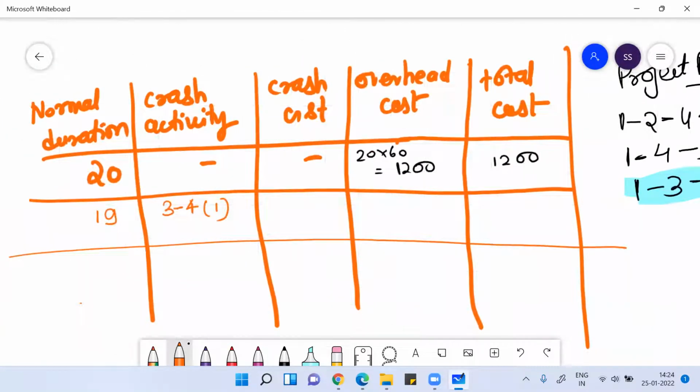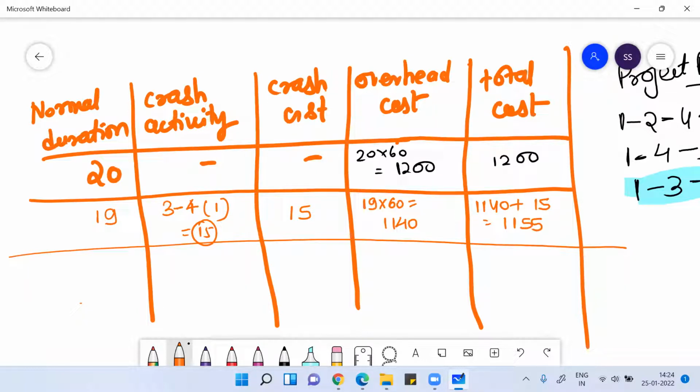So your overhead cost will be 19 into 60, which is 1140. And your total cost will be 1140 plus 15 rupees for this crash activity, because you reduced the work by 1 day. So your total cost will be 1155.